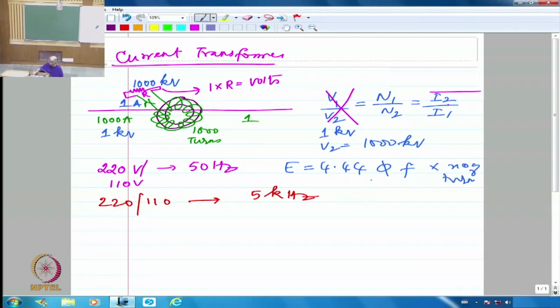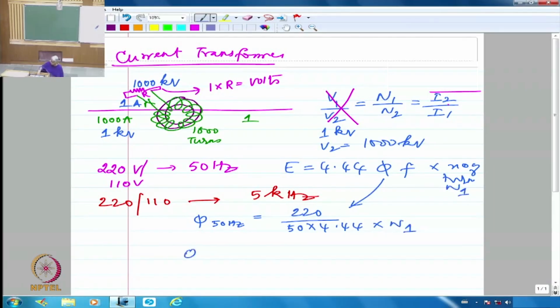Right? Now if I look at the flux in the first case, phi corresponding to 50 hertz will be 220 divided by 50, 4.44 and number of turns. Let me call this as N1.